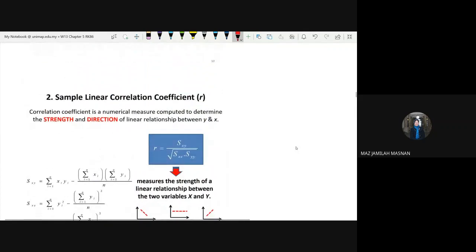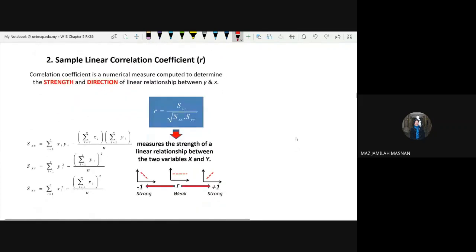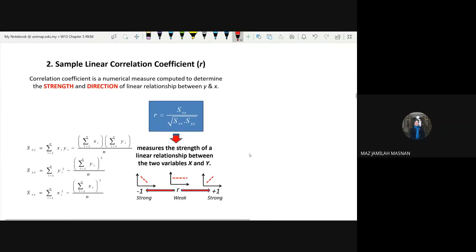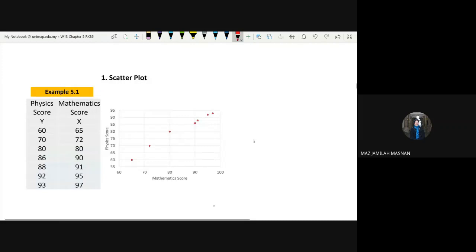Simple sample linear correlation coefficient. Before we do the analysis, if you can calculate the measurement you are looking for with Excel or whatever software, the reason we plot the scatter plot is that we need some insight into what our data is telling us.